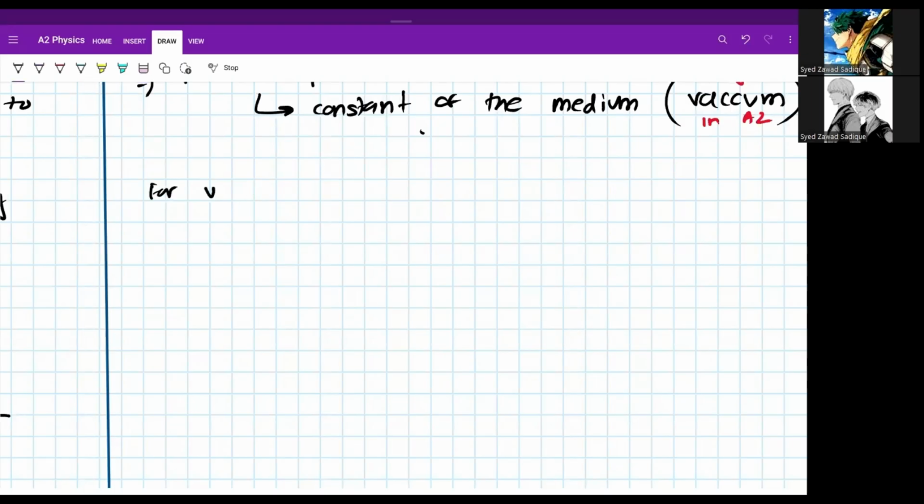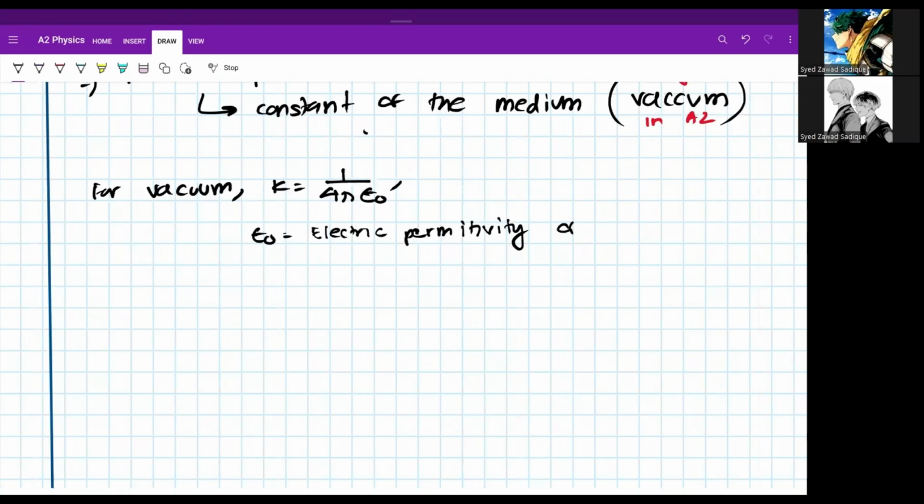For vacuum, k is equal to 1 by 4 pi epsilon naught, where epsilon naught is the electric permittivity of free space, equal to 8.85 times 10 to the power minus 12 C squared per Newton meter squared.